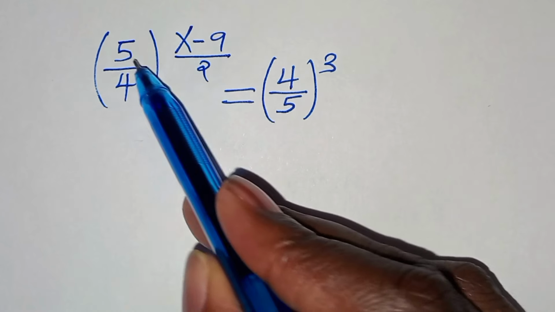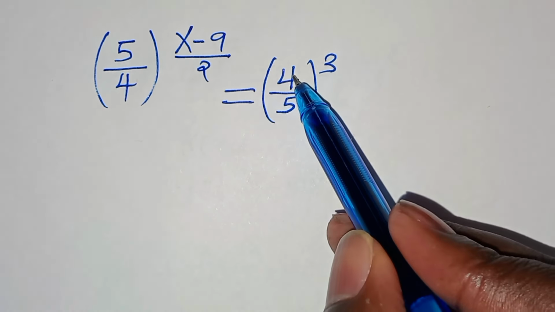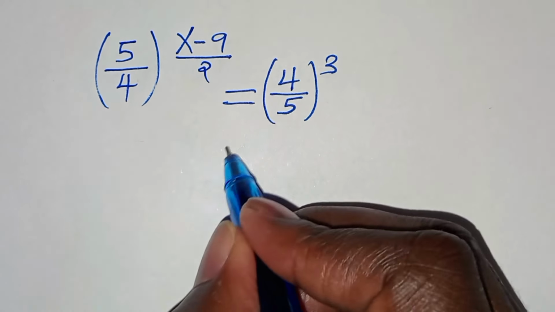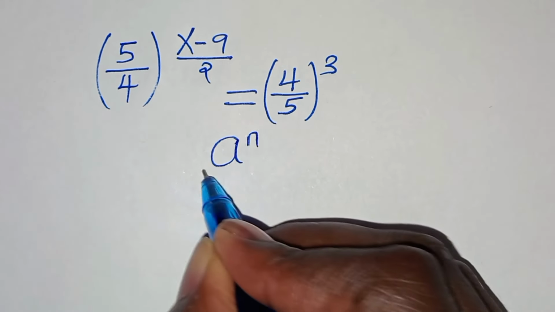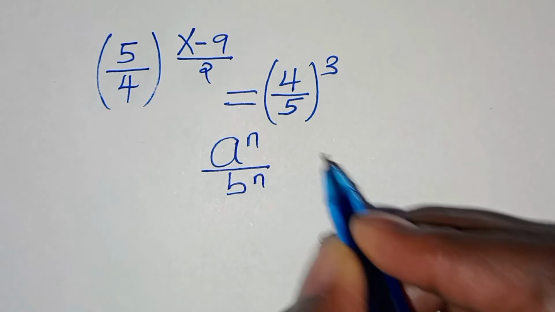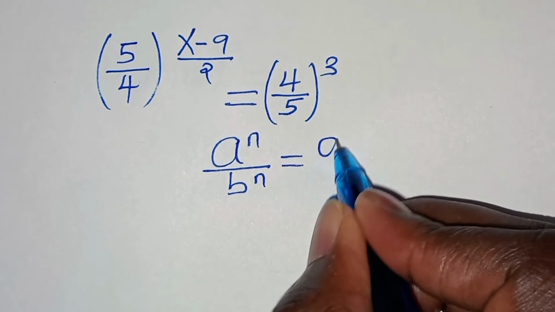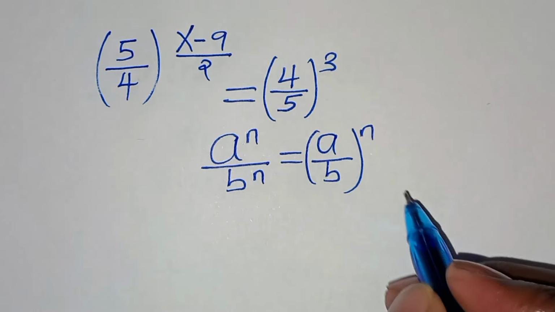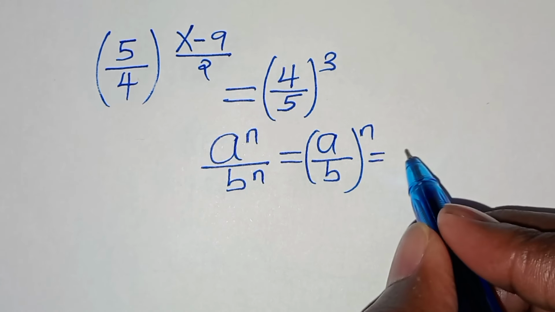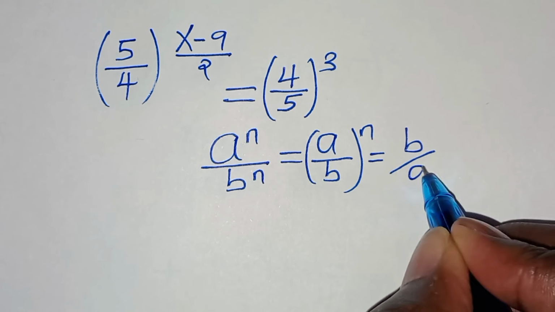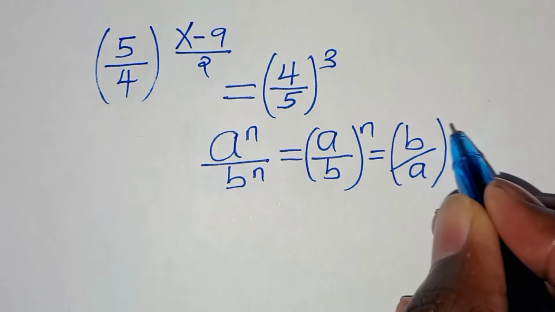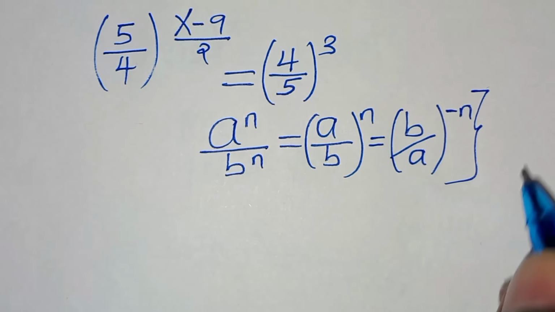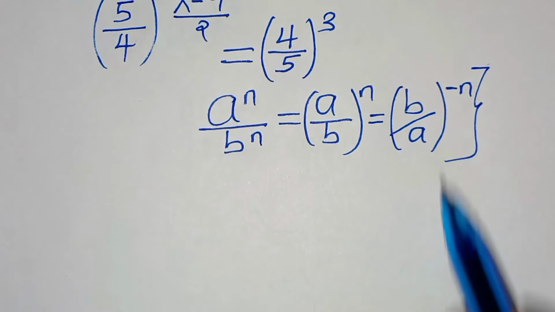Now here we have 5 over 4 and here we have 4 over 5. Given that a over b raised to the power of n can also be expressed as b over a raised to the power of minus n, let's apply this property.